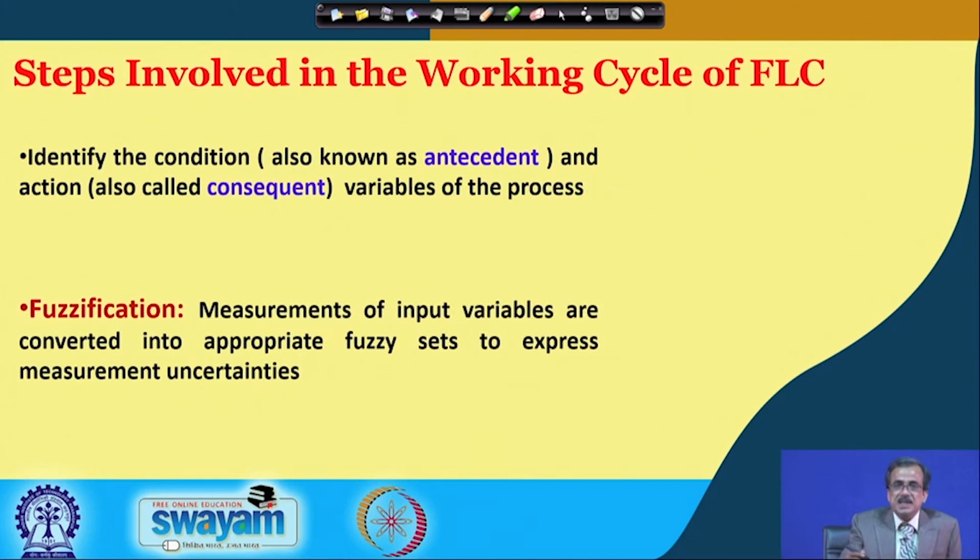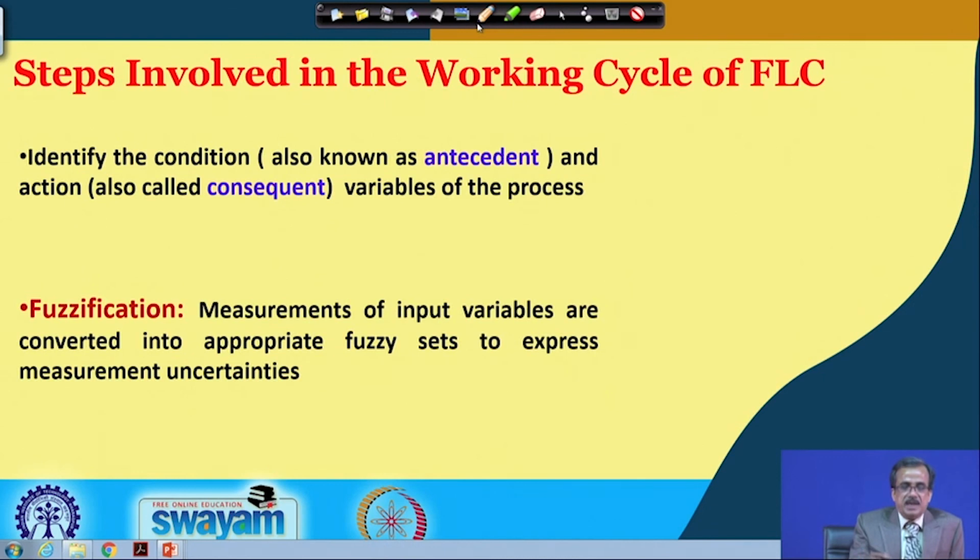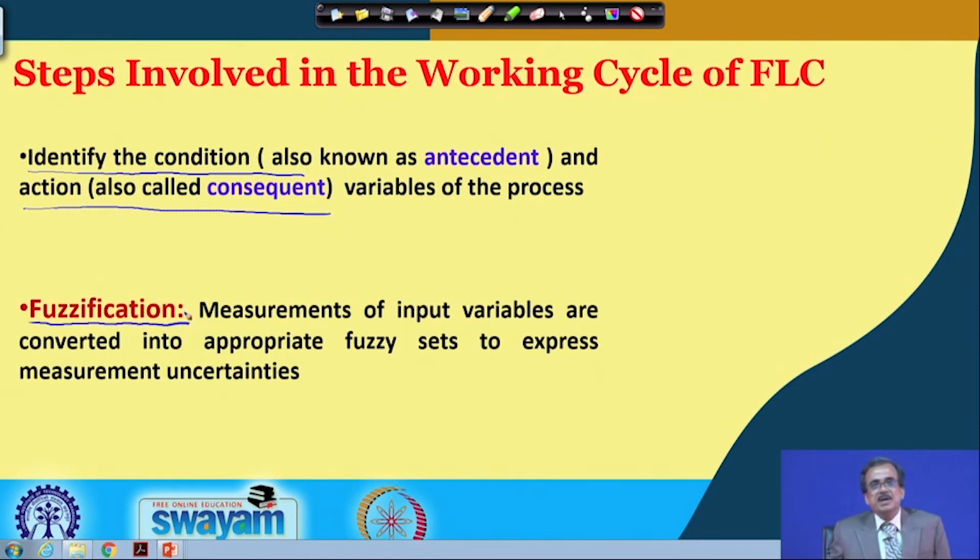The first task, let me repeat, is that I will have to identify the condition and the action variables, that is, the antecedents and consequent. Once you have got that, for a set of inputs we try to find out the membership values, and that is nothing but the task of fuzzification, the fuzzification module.